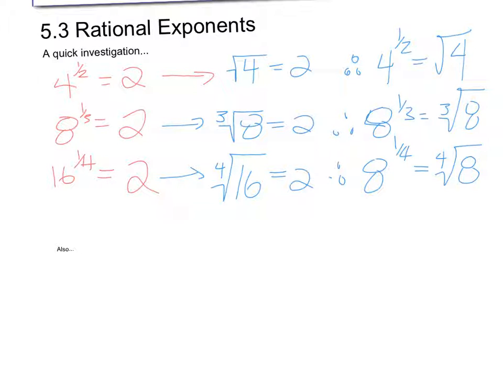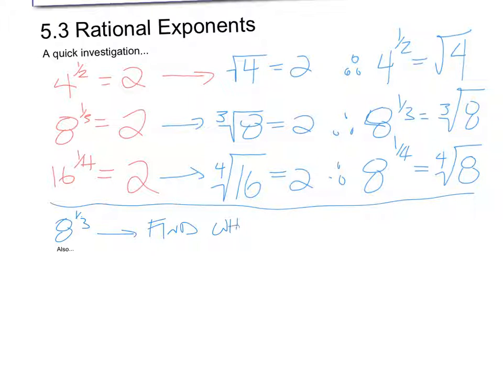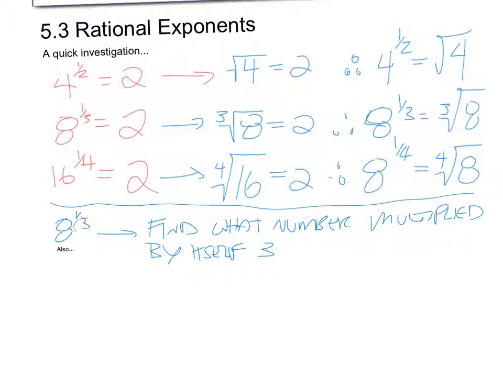So for example, I will take the 8 and put a line across here. 8 to the 1/3, in the calculator, is saying find what number multiplied by itself 3 times, and that comes from that denominator of 3, to get 8.